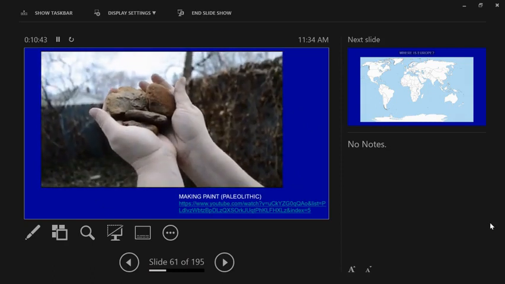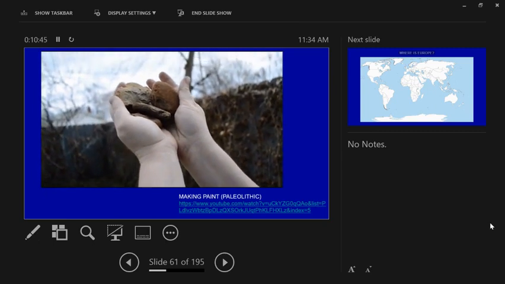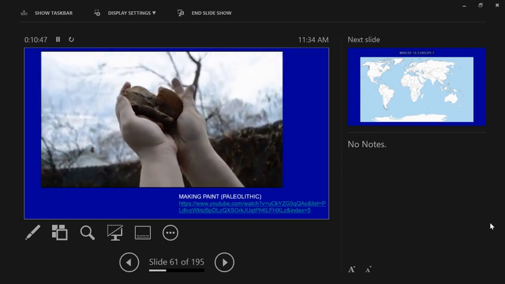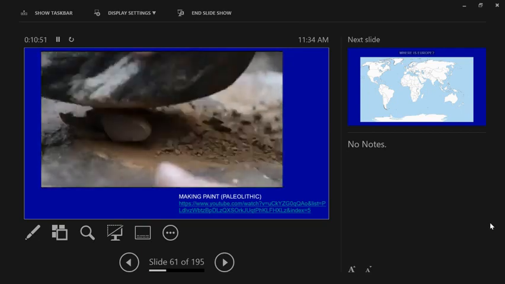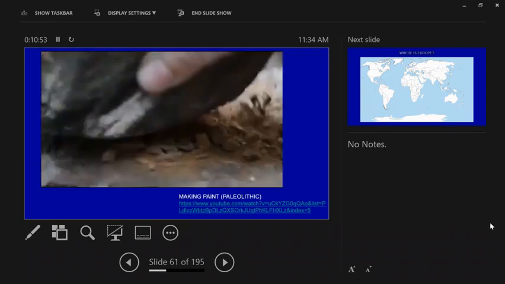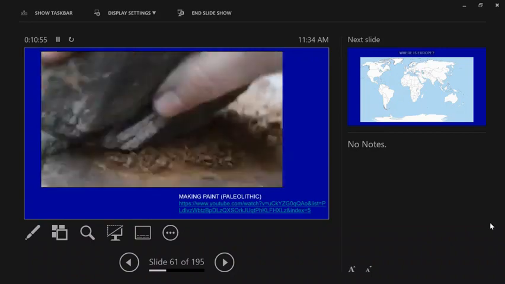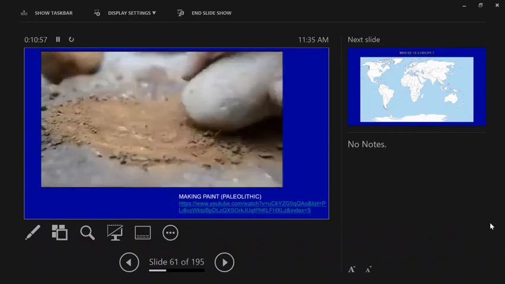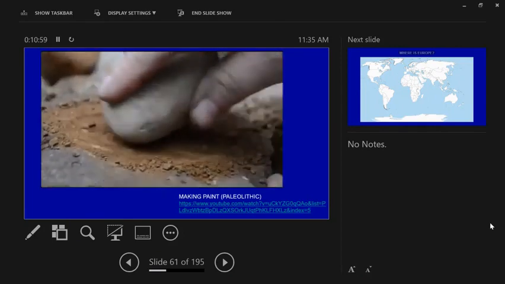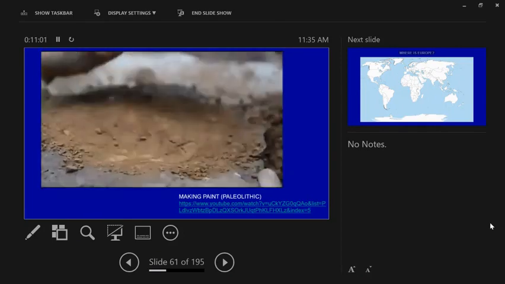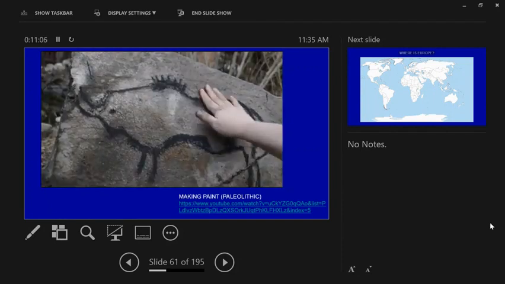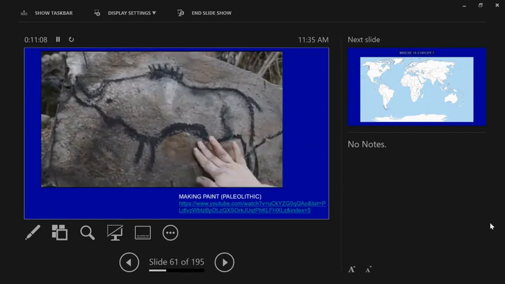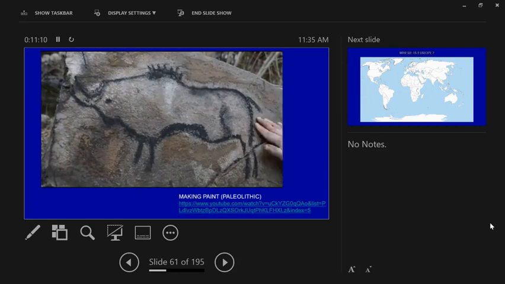And that is ochre right there. It's hard to tell if it's yellow ochre or red ochre. But what they do is they crush it up, and they just use their fingers to wipe it onto the walls.